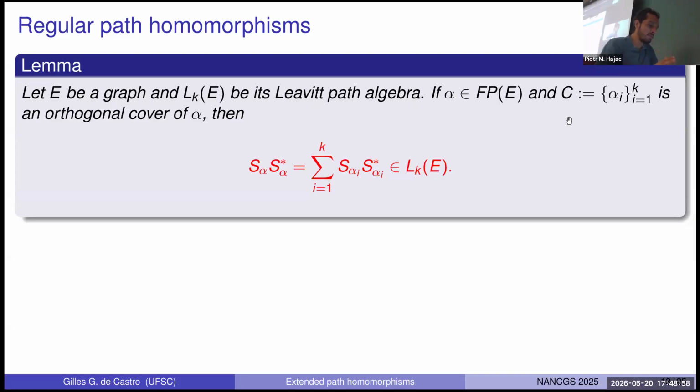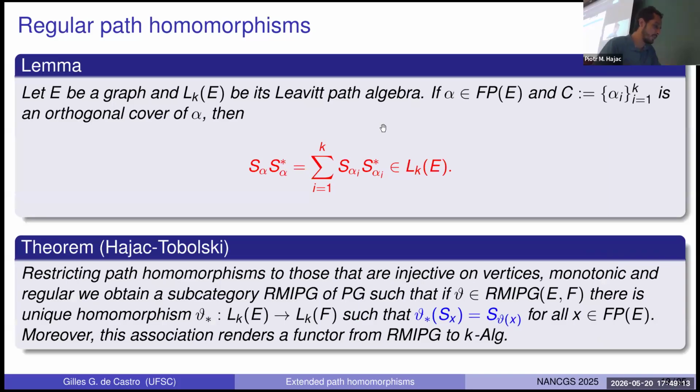And the idea is that in order to really use CK2, you need this notion of a cover. And this lemma simplifies a little bit of the proof of this theorem here.